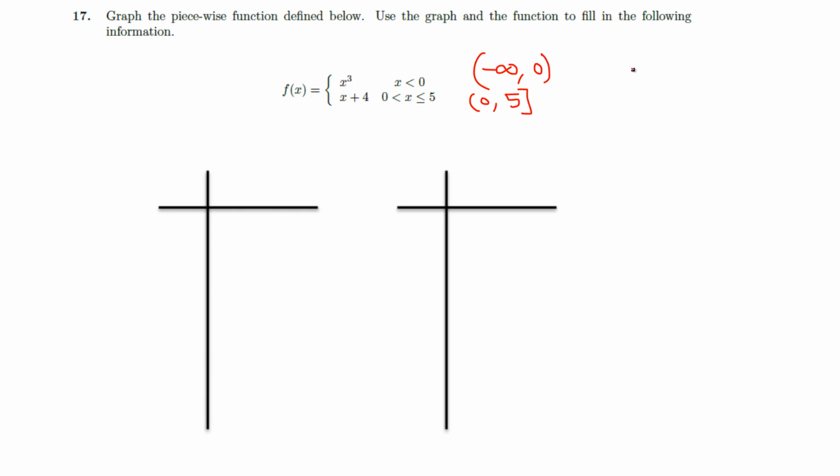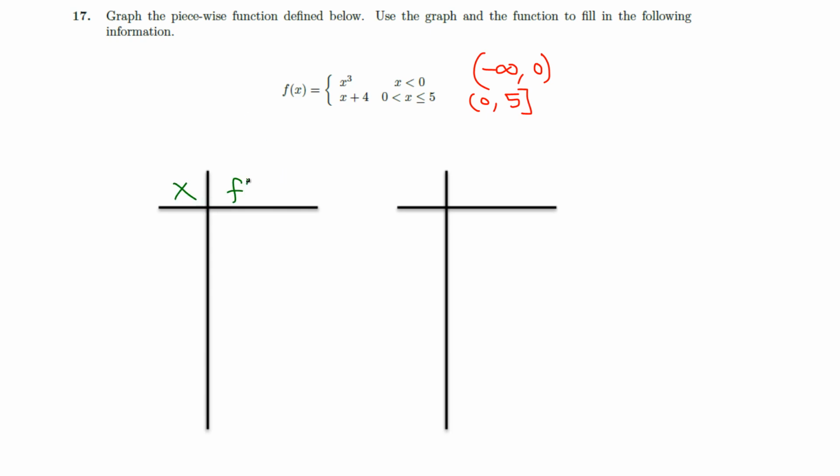This is x cube. By the way, this is a cubic function, and we are just graphing the left side, this portion, just the left portion, something like this. And on the right side, from 0 to 5, we have this piece. So we're going to find some ordered pairs and go from there.